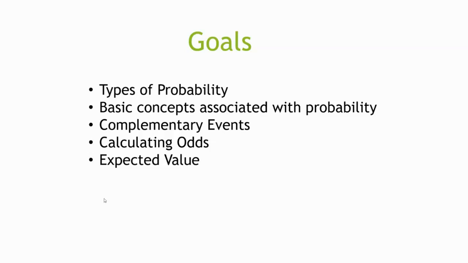We're basically going to use math to determine that, whether it's tossing a coin and determining how likely the coin is going to land heads up, or when you roll a six-sided die, how likely you are to roll an even number between 1 and 6.